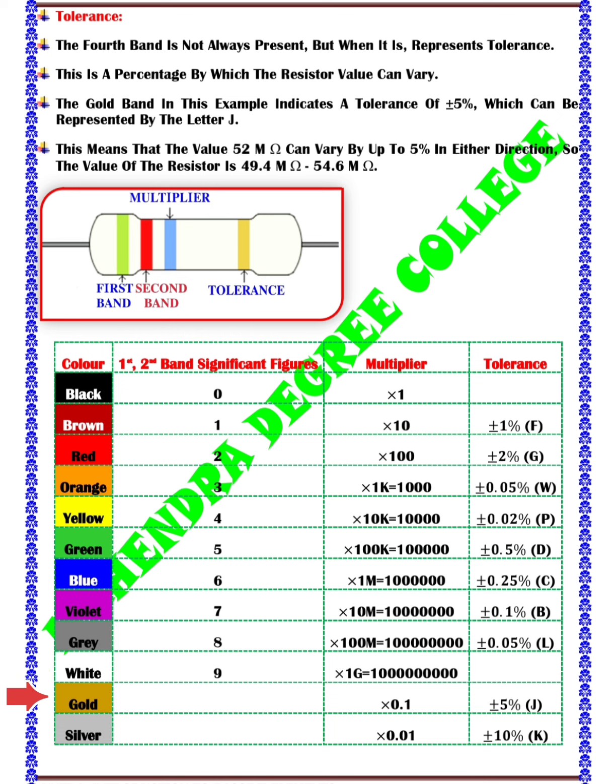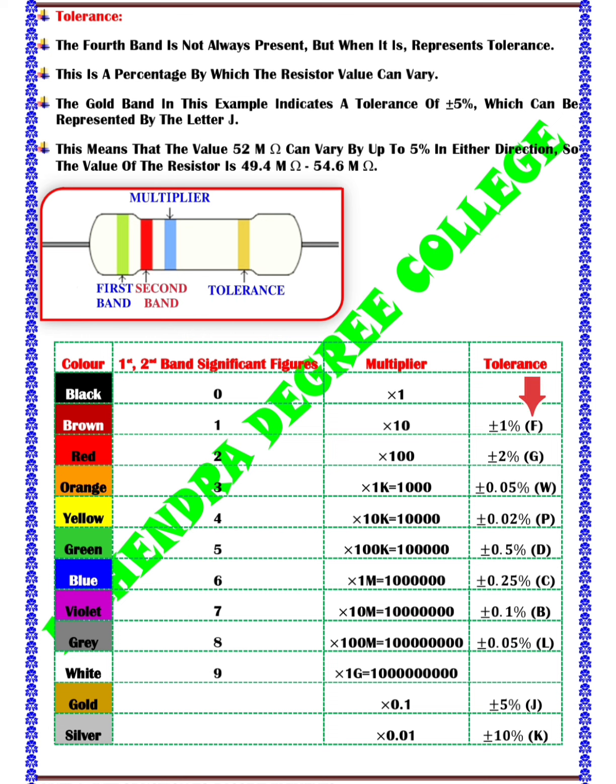The gold color band: multiplier 0.1 and tolerance value plus or minus 5%, J. The silver color band: multiplier 0.01 and tolerance value plus or minus 10%, K.